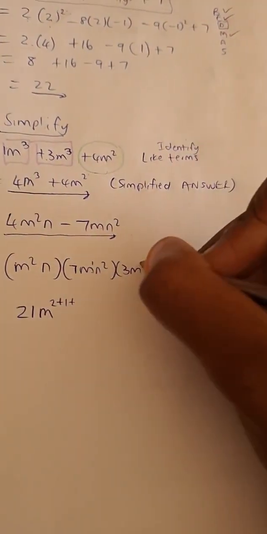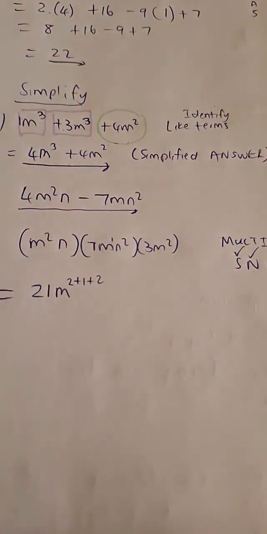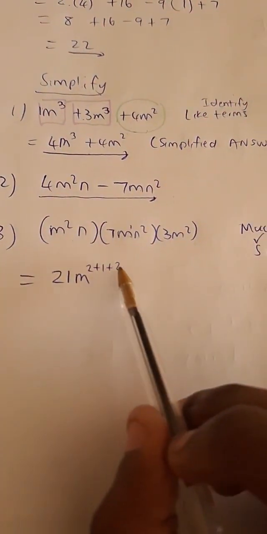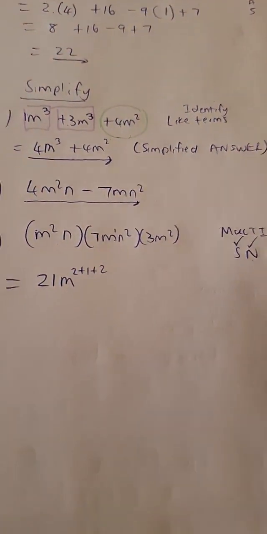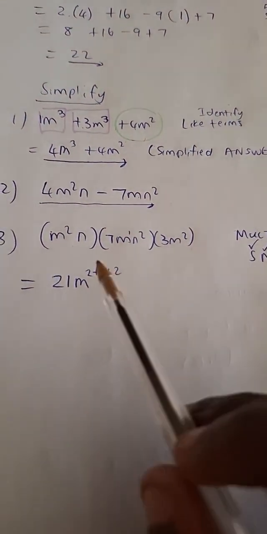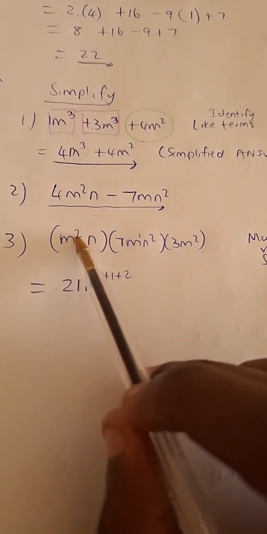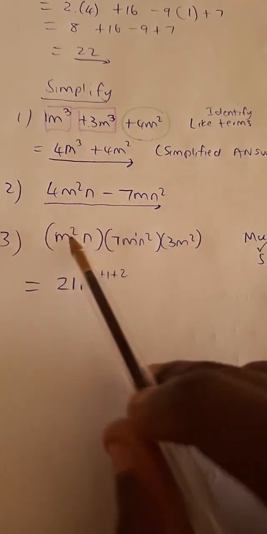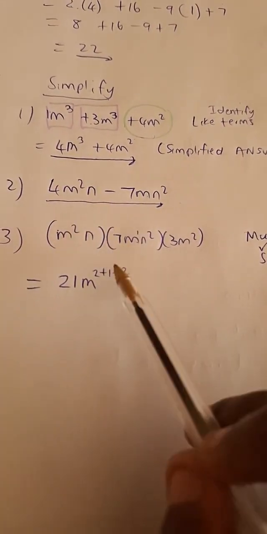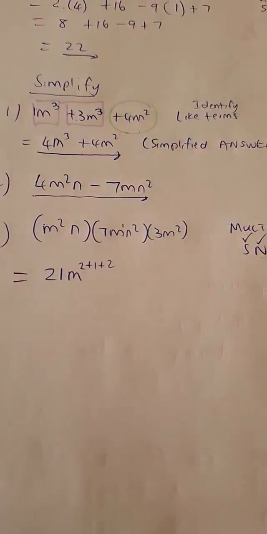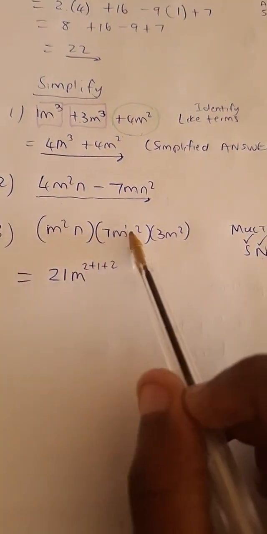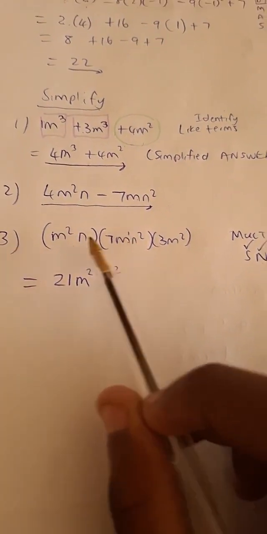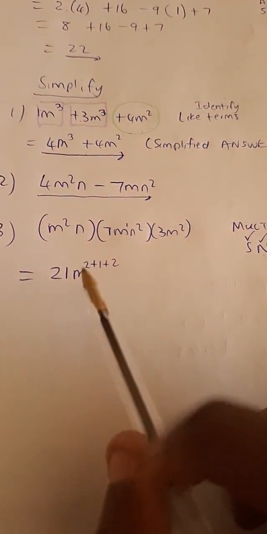Don't forget it. 2 plus 1 plus 2. I'm just writing it out, guys, so that you can see what I am doing. Maybe someone else will just say the bases are the same, you are multiplying, so you keep the base and add the exponents, and write m to the power 5 from the get-go. I am writing it out so that you can understand what I have done. That is the letter m.